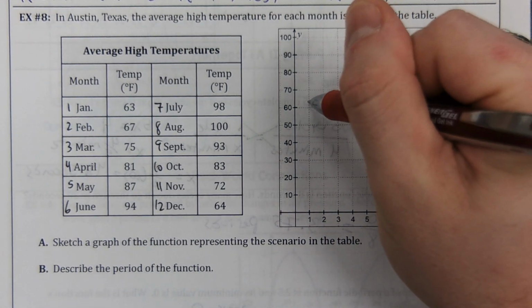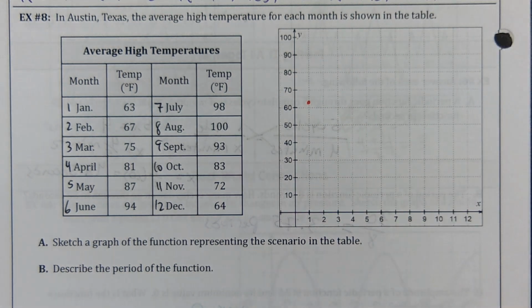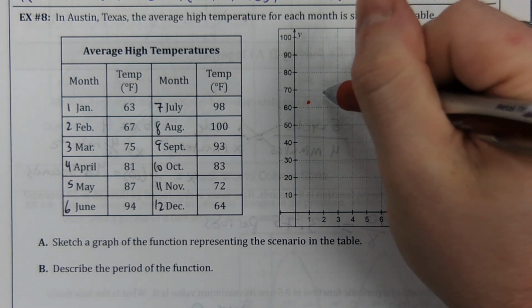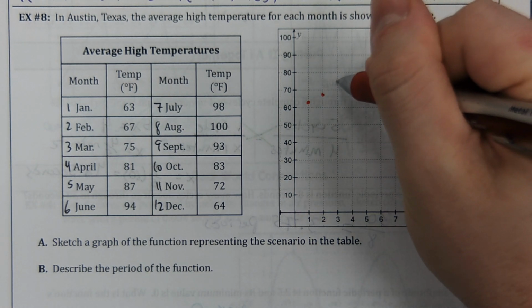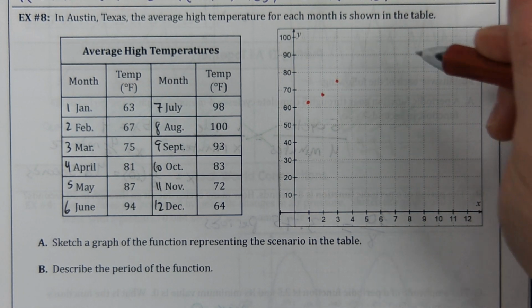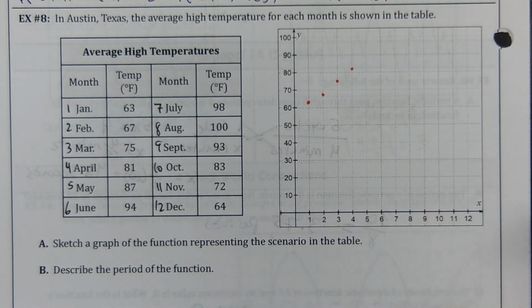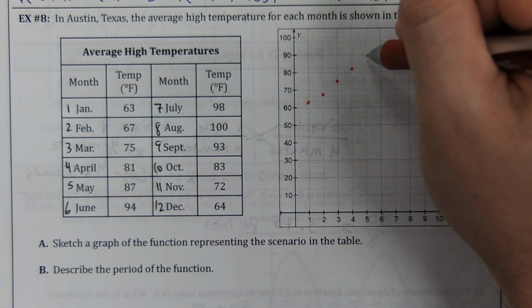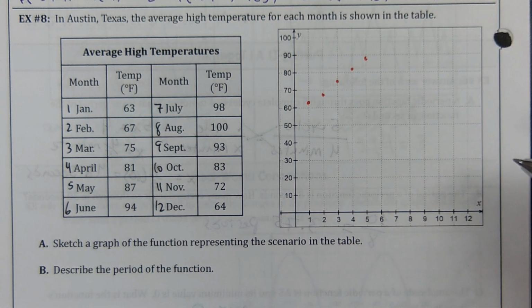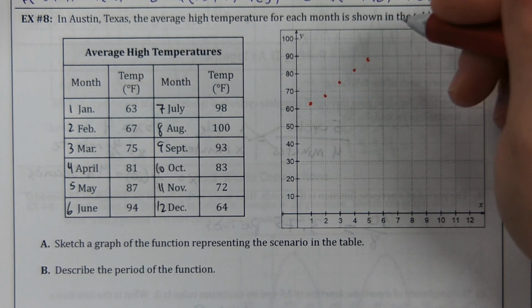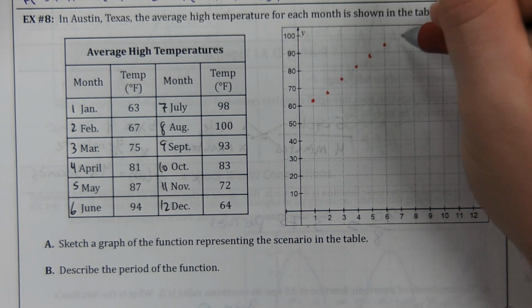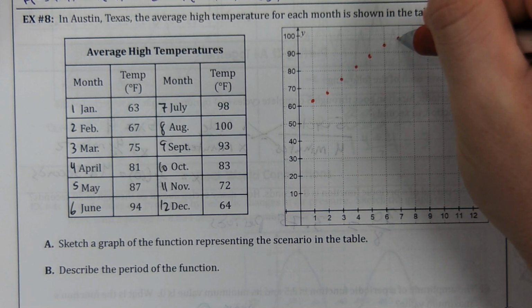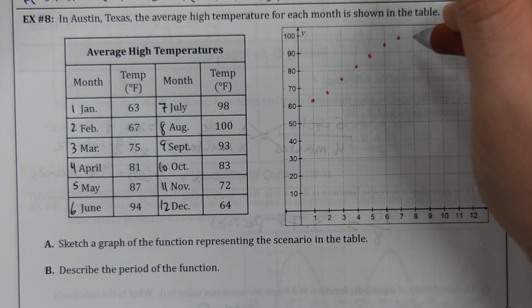1, 63. That's pretty close. 2, 67. 3, 75. 4, 81. 5, 87. 6, 94. Whew, that's warm. 7's 98. We burning up. 8 is 100. Yowza.